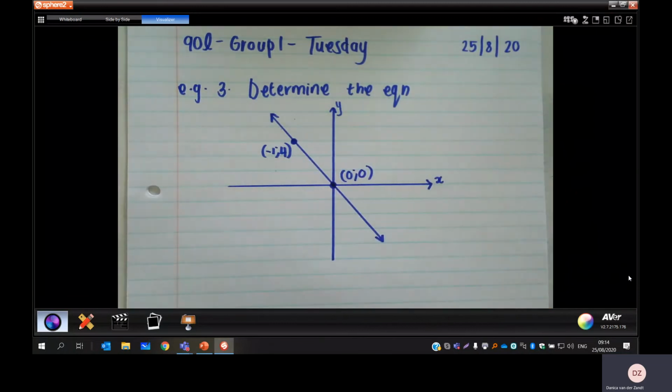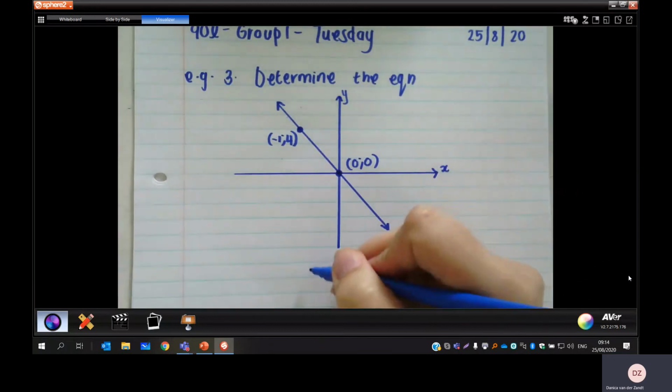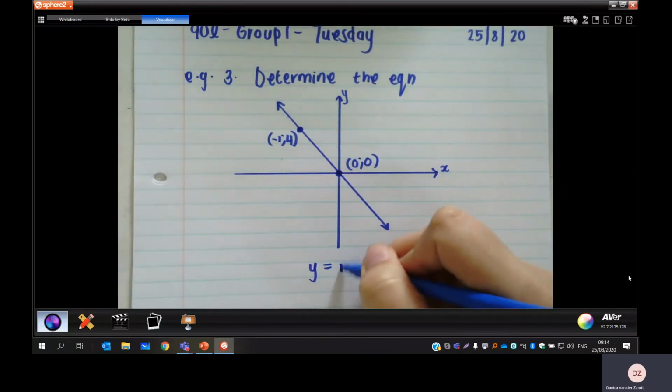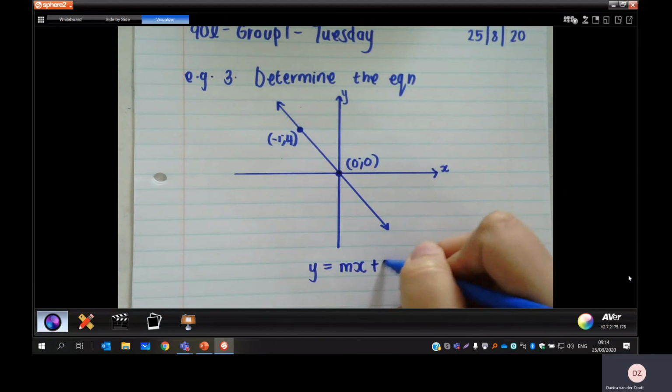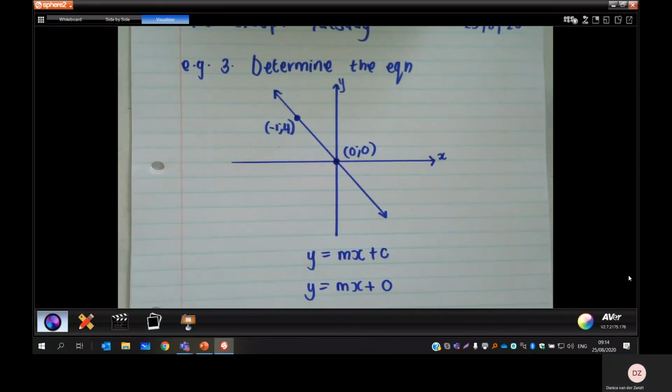But in essence, we have the y-intercept, and so we can update our formula. So even though we started with y equals mx plus c, my y-intercept is 0. So I'm going to plus 0. What do we do once we've identified our y-intercept?